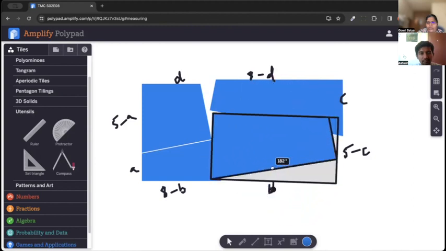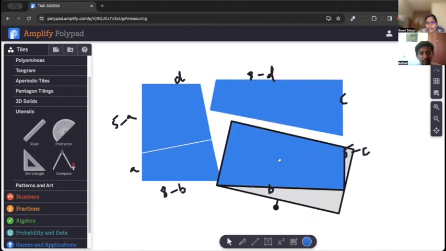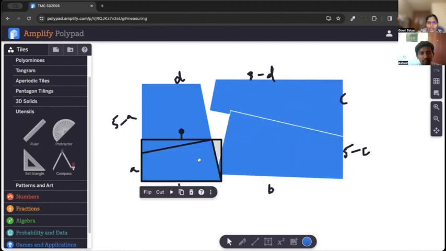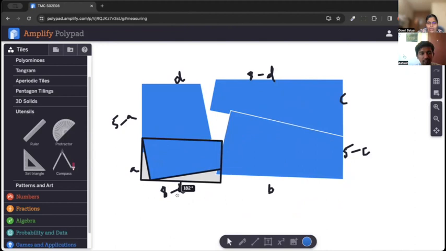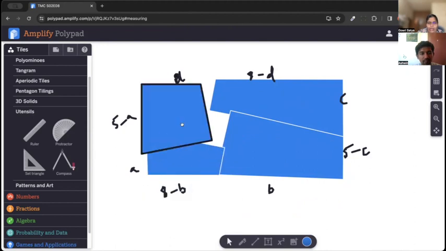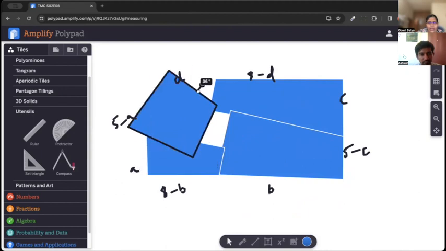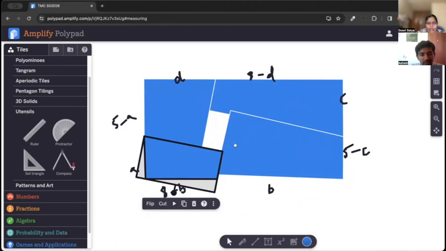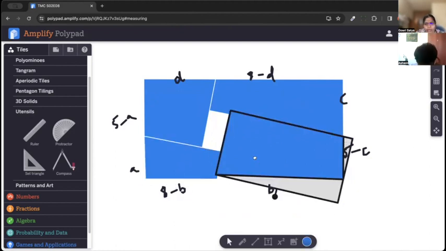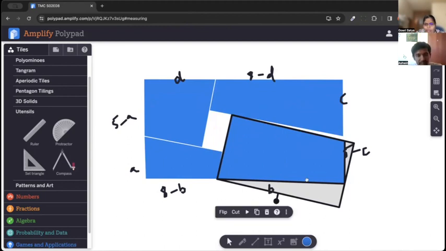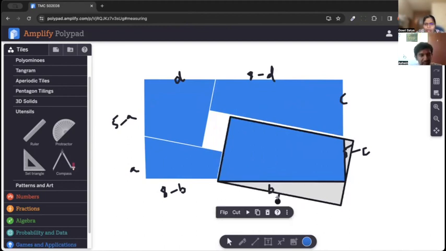The labels haven't moved, but now the dimensions of the hole are going to be B plus D minus 8 and A plus C minus 5.